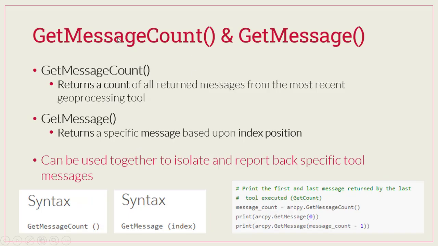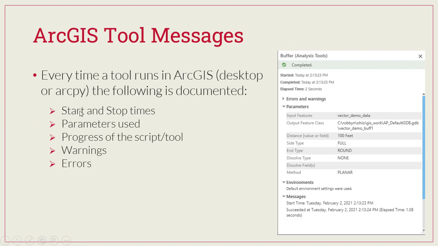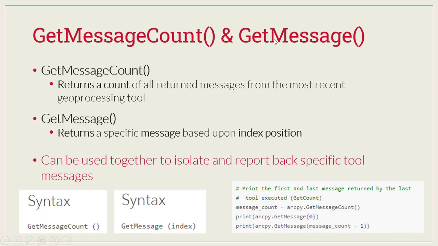All right, so let's talk about getMessageCount and getMessage. GetMessageCount returns a count of all the messages from the most recent geoprocessing tool. So we've talked about getMessages. It's a whole, and I'll go back and I'll show you. So getMessages involves all of these pieces of information, okay? And all of these are going to have an index number within the messages. And getMessageCount and getMessage are a way, if you want, to isolate certain messages.